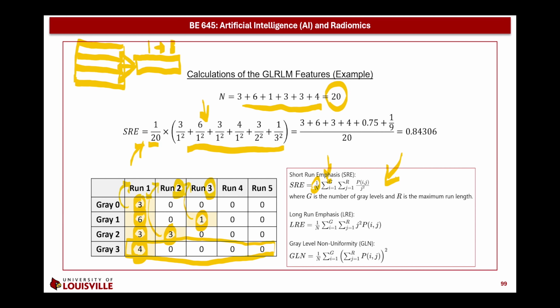By doing that, it will get another matrix where each element is simply the original element divided by the corresponding run length value squared. So we will need to sum all of these numbers together and then divide it by 20 or n in the formula.